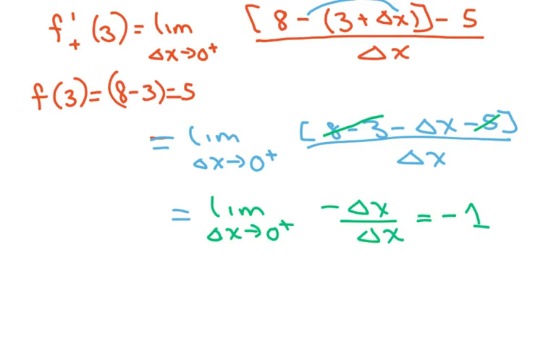Okay, so let's go on the left side. On the left side is our other equation. So we're going to use the derivative of 3 from the left. It's going to be the limit as delta x approaches 0 from the left.